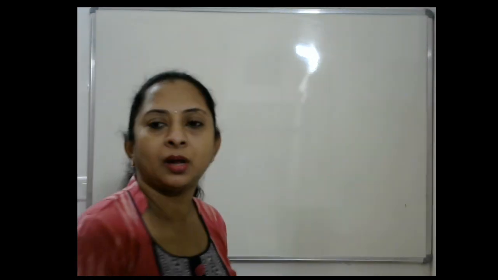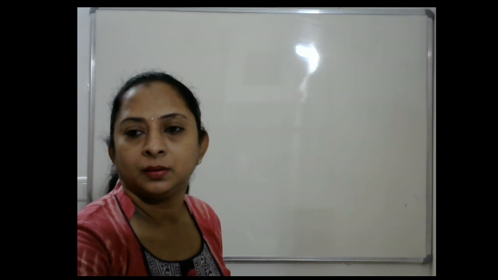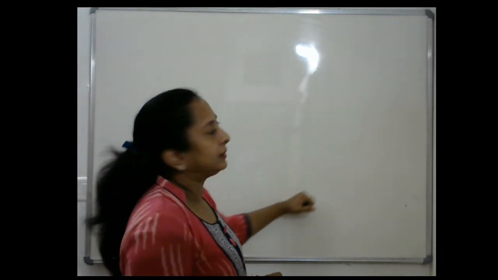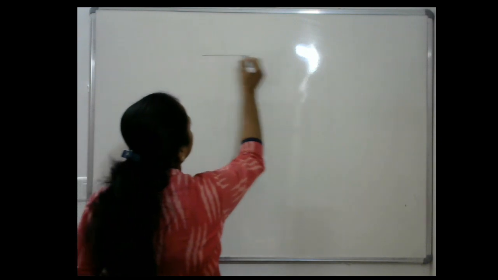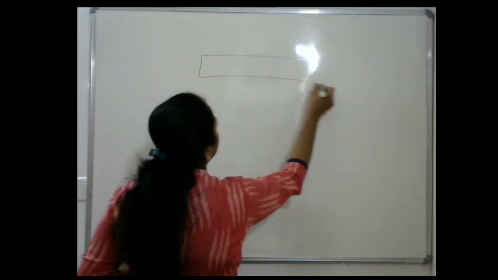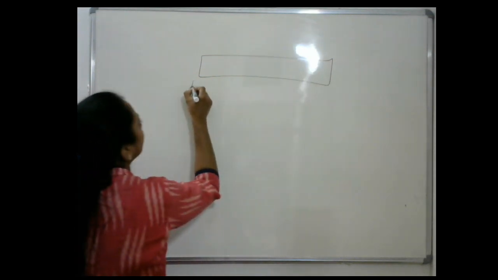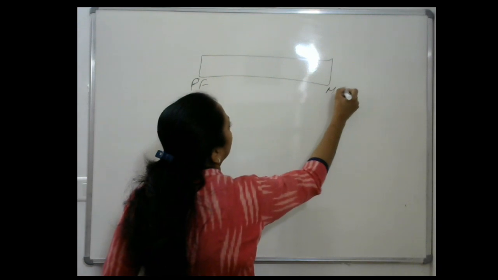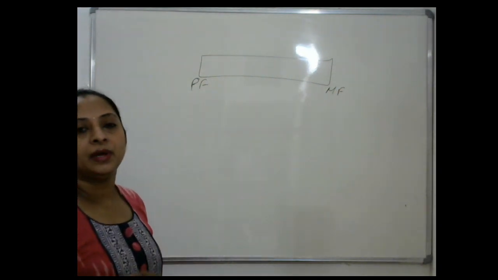So models for non-ideality can be measured on an analytical scale in this way. Usually these models are approximated from PF to MF.